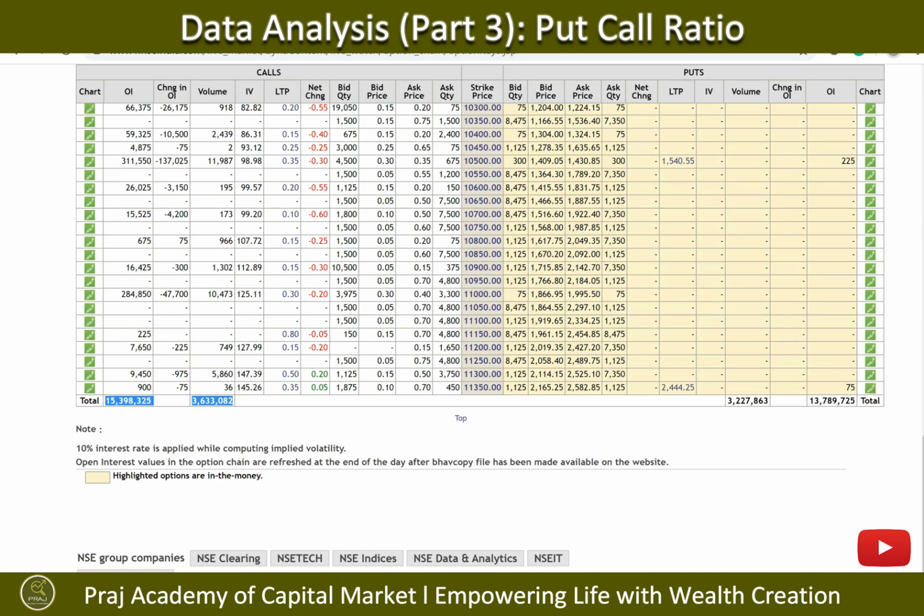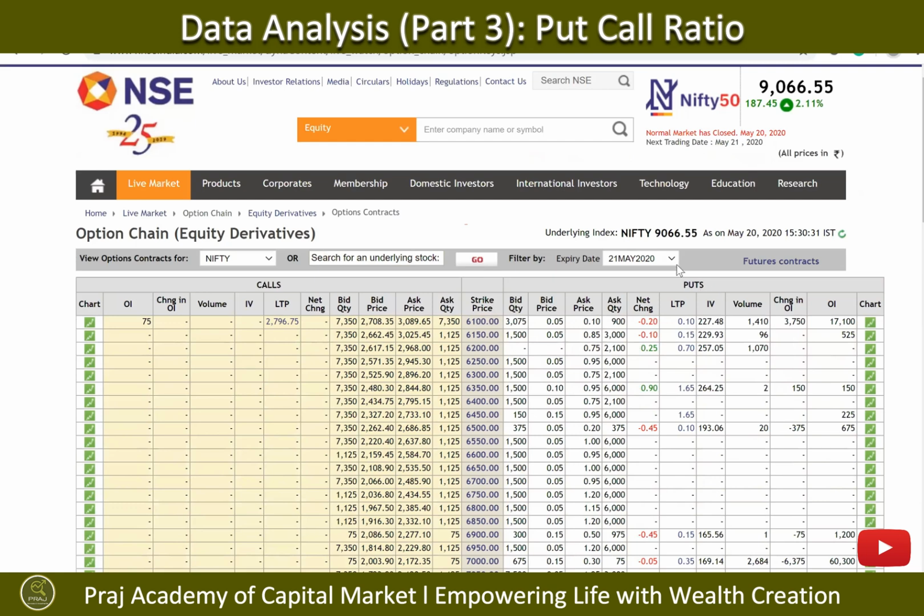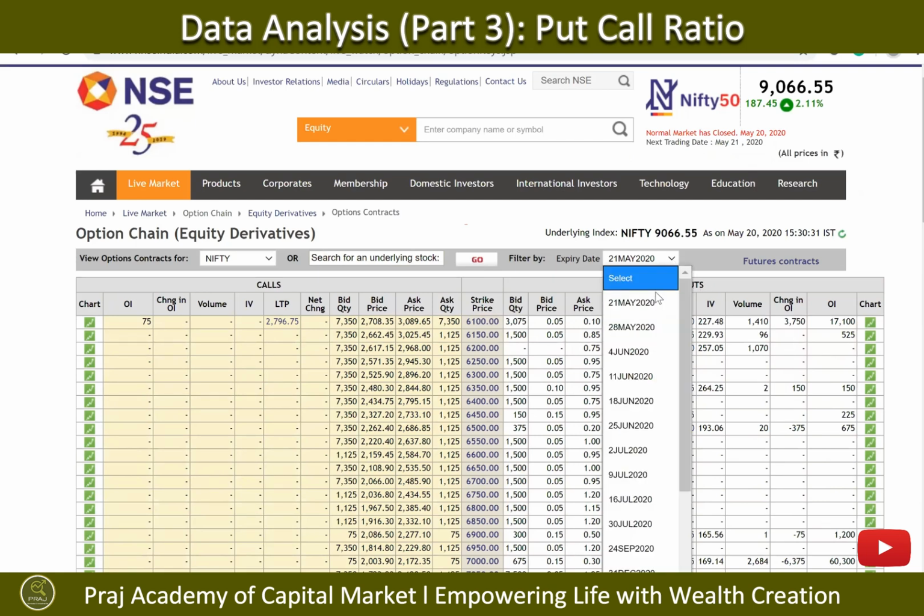If we divide total puts, that means 13,789 divided by 15,398 (last three digits I'm just ignoring), that comes to 0.8955. So I can say it is 0.90, right? Roughly 0.90, that's the put call ratio for this weekly expiry series.